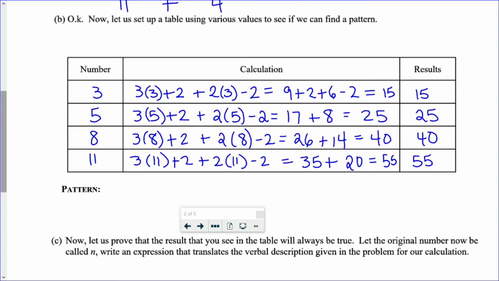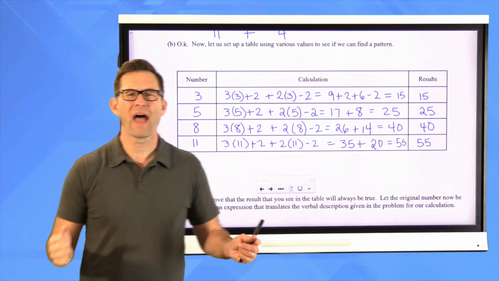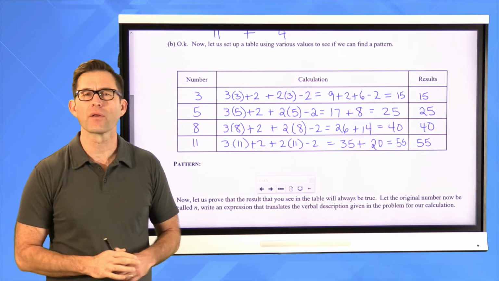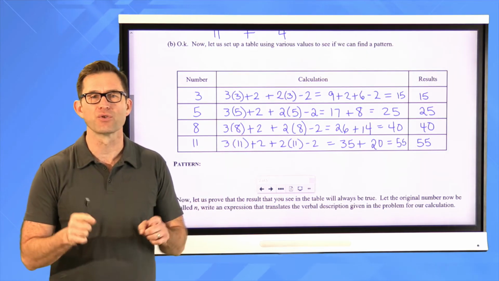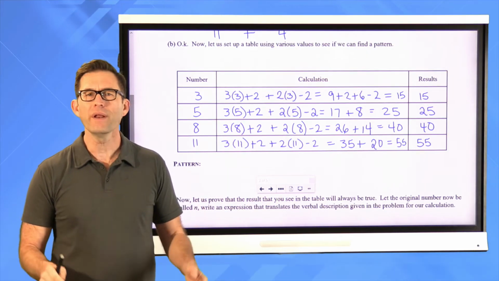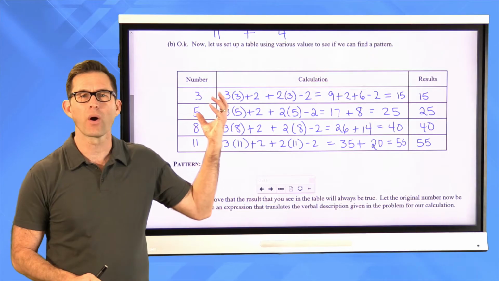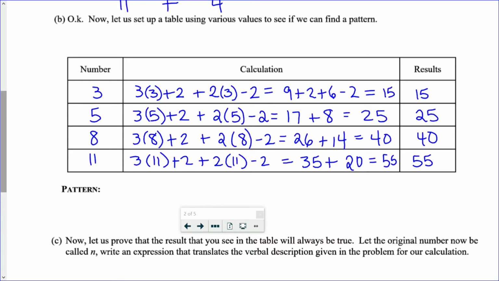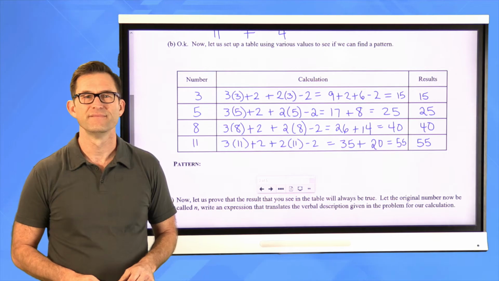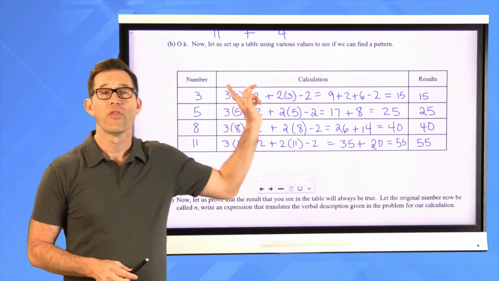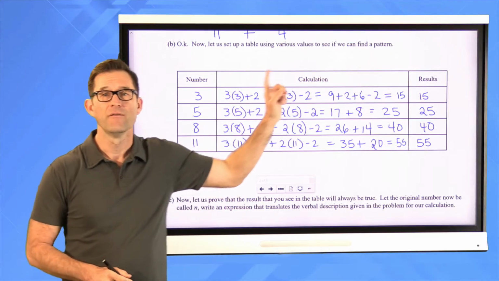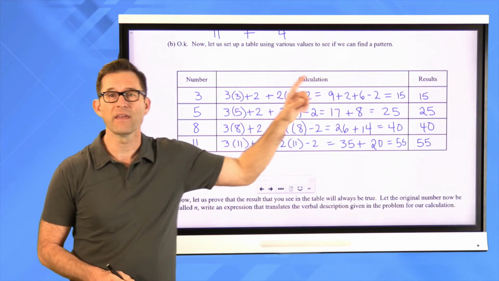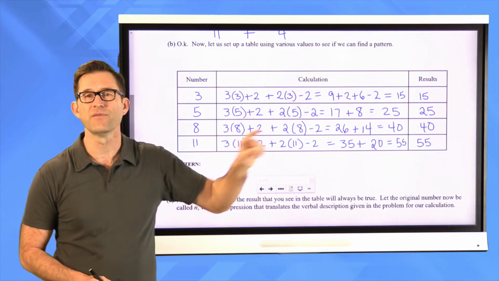All right. So what's the pattern? Pause the video now, and regardless of whether you're looking at my results or your results, what is the pattern? What's happening to our number to ultimately get the result? All right, well, I'm hoping you see it. 3 gives us 15, 5 gives us 25, 8 gives us 40, 11 gives us 55.